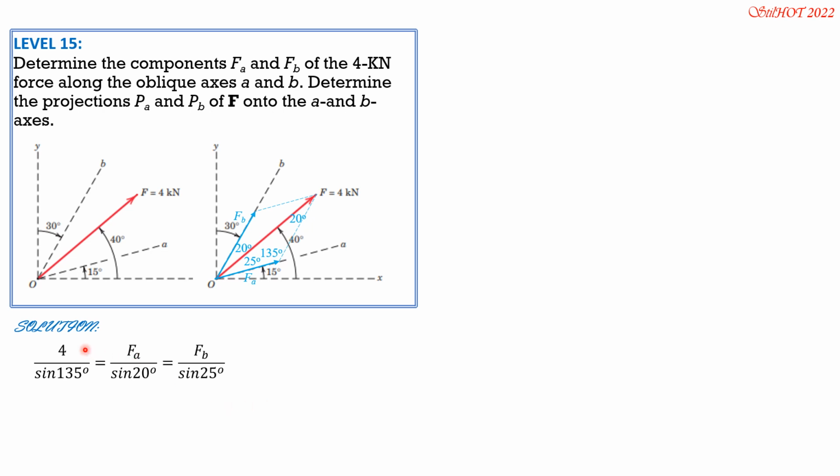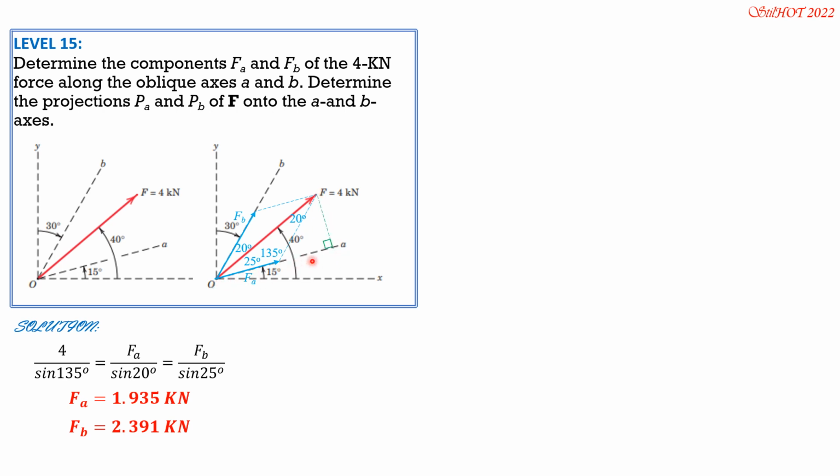Therefore, FA is 4 sine 20 over sine 135, 1.935 kilonewtons. FB is 4 sine 25 degrees over sine 135, 2.391 kilonewtons.